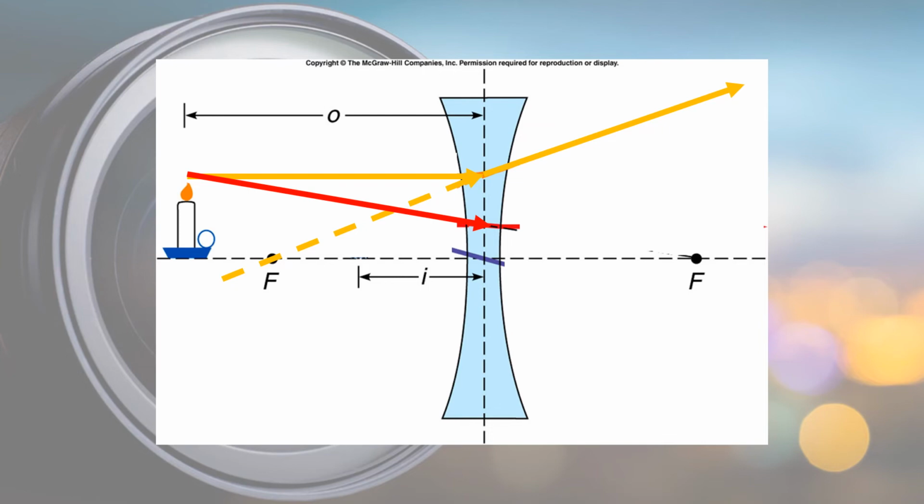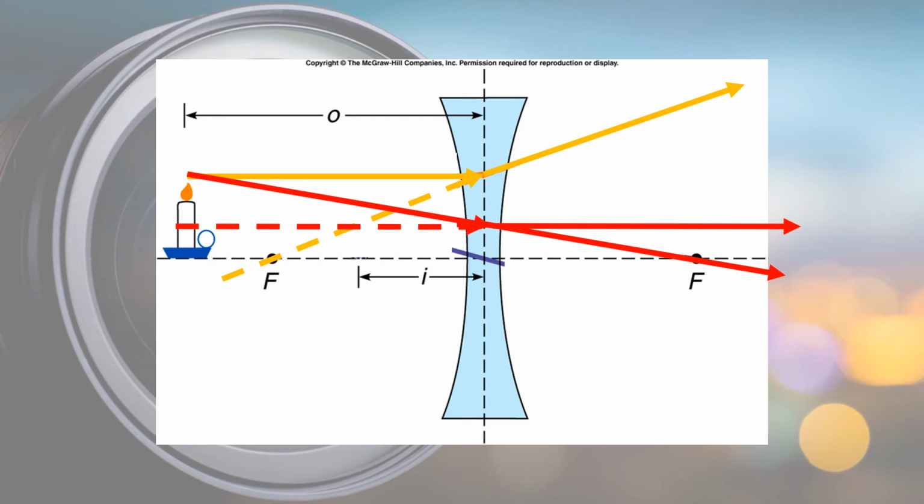Ray 2 will pass through the real focus and be refracted parallel to the principal axis. When you extend the refracted rays in front of the lens, you will see that they meet at a common point.